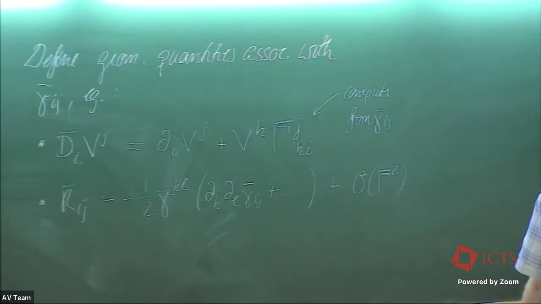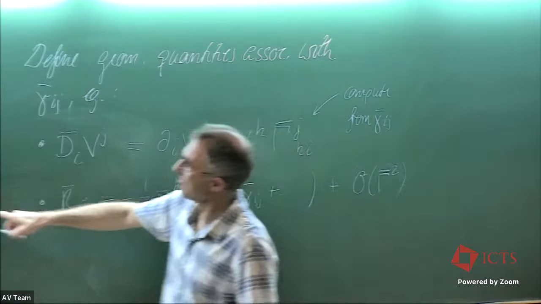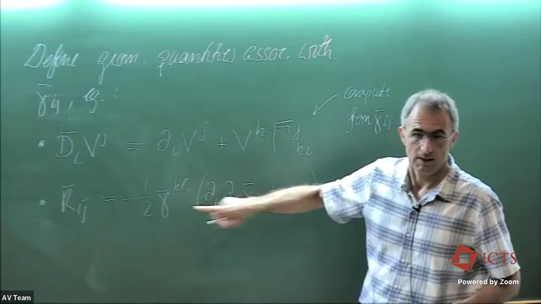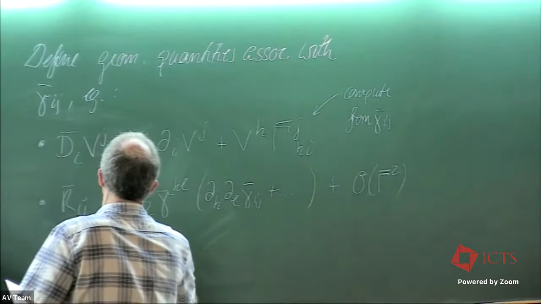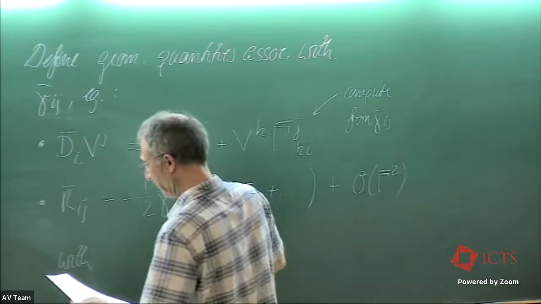Okay. Now, what you notice is we need not only the conformally related metric, we also need its inverse metric. And of course, we also need that in the gamma jkls.